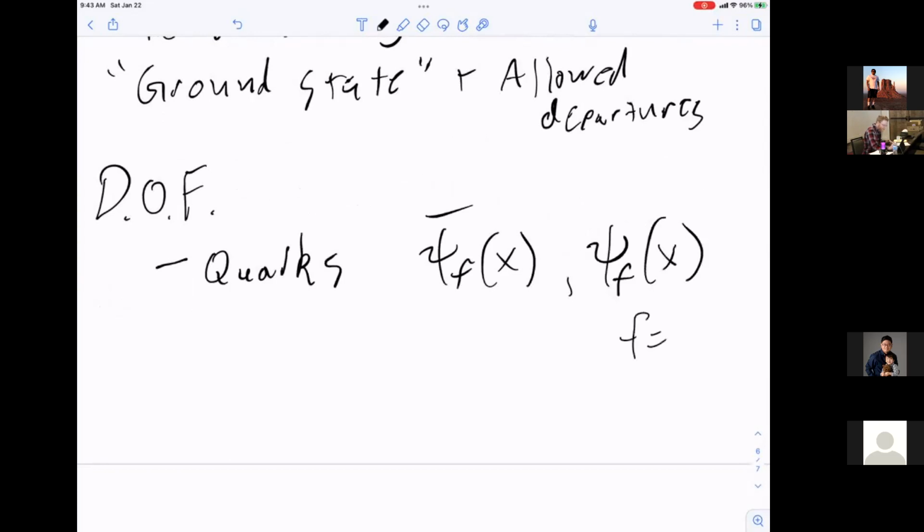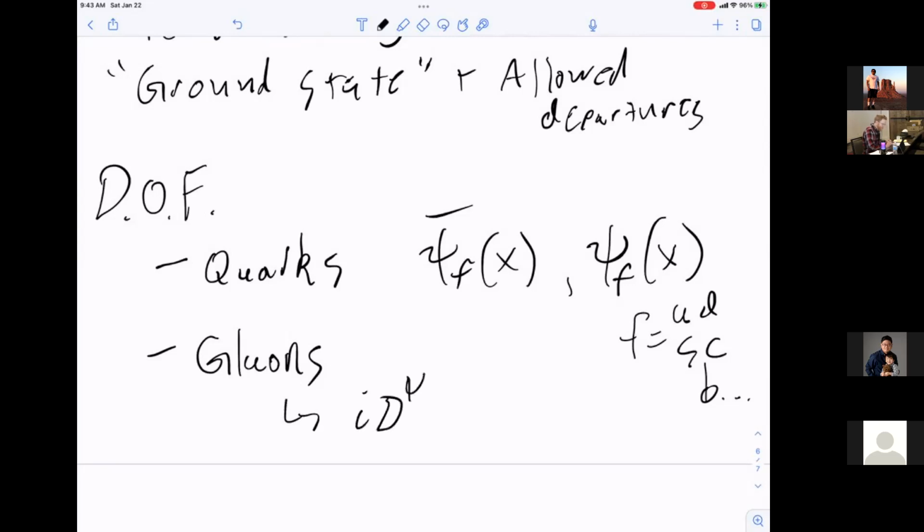So f is up, down, strange, charm, bottom, dot, dot, dot. And gluons. And for gluons, I'm actually only going to write down the covariant derivative for right now, because it is the covariant derivative that has the proper gauge transformations.